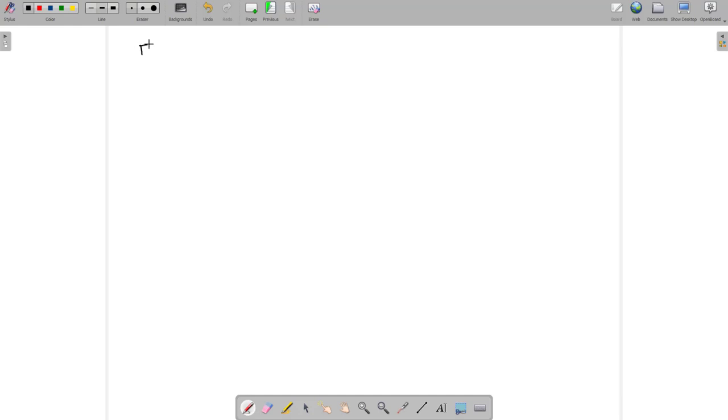So, finding an inverse function. You're starting with some f of x.